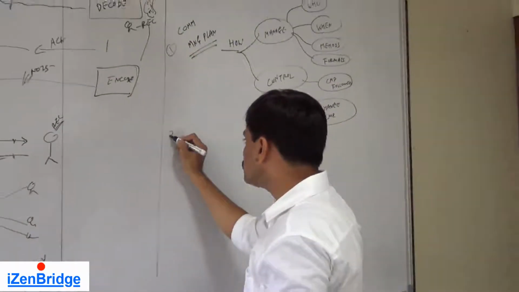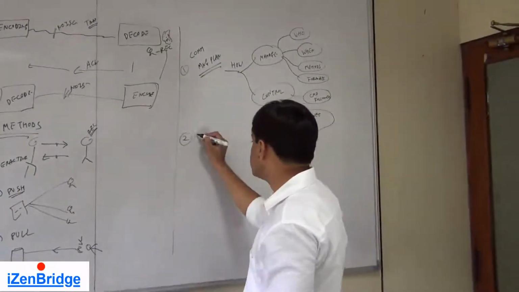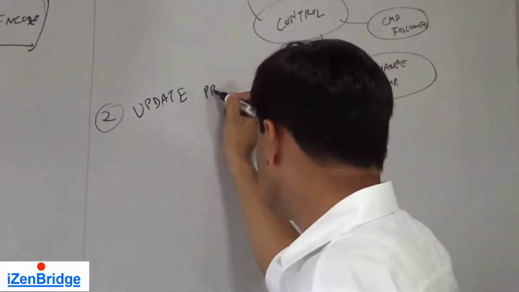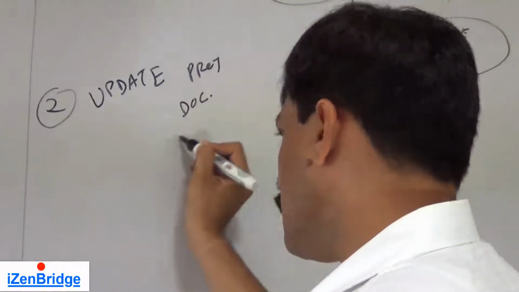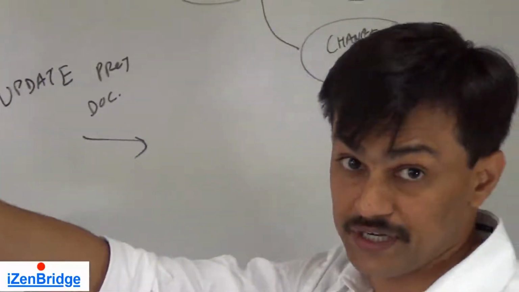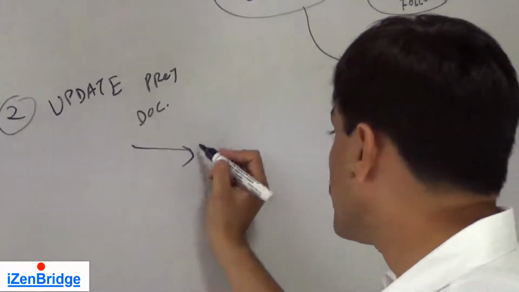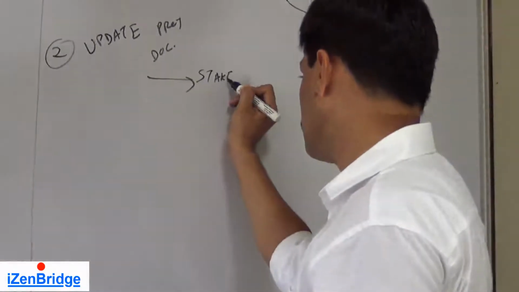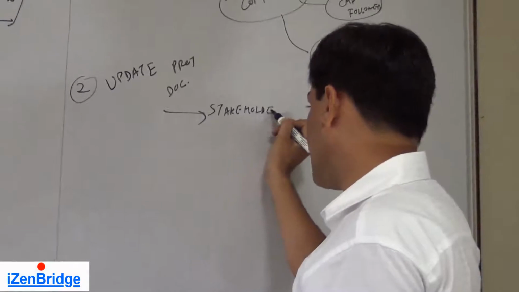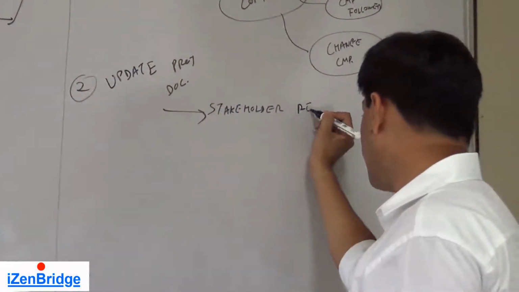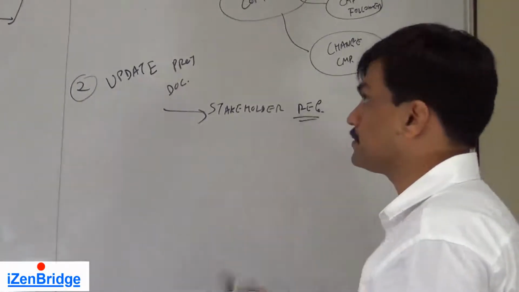The second output, which is a simple output, is update project documents. A special document which can get updated out of all this is the stakeholder register. So the stakeholder register may get updated based on the further analysis we do while planning communication management.